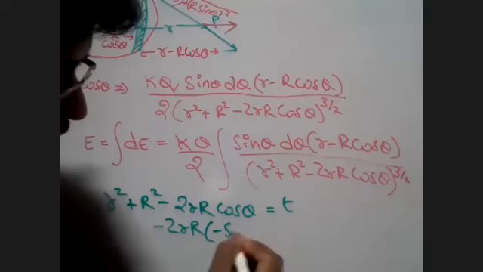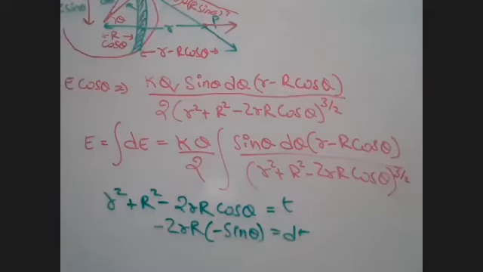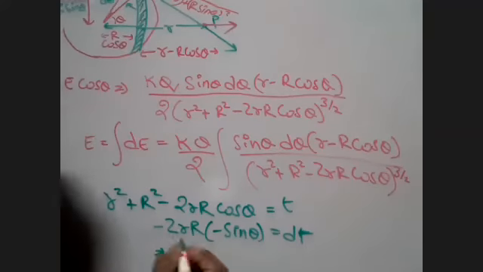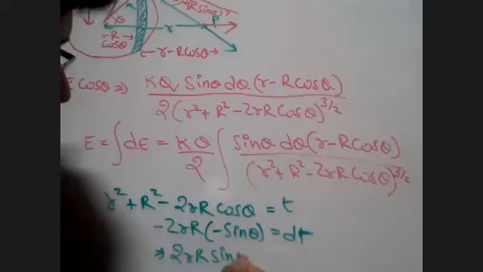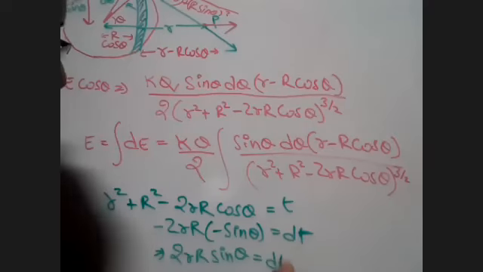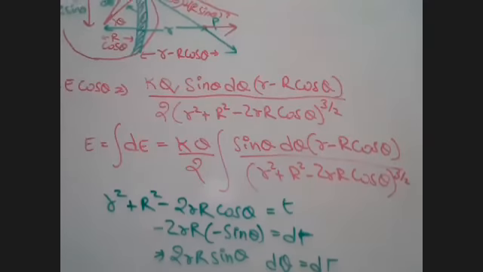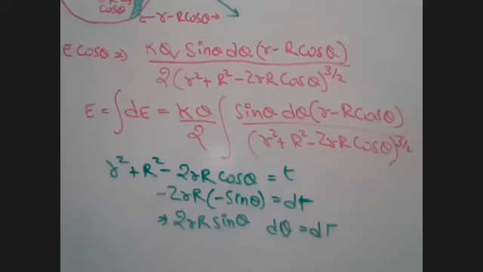So I will write 2rR sine theta d theta equal to dt.